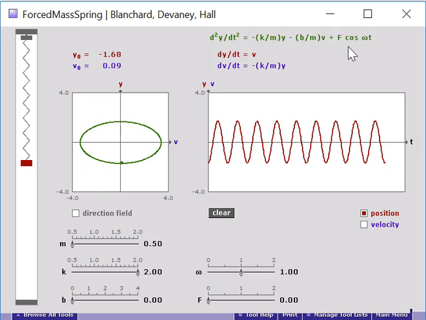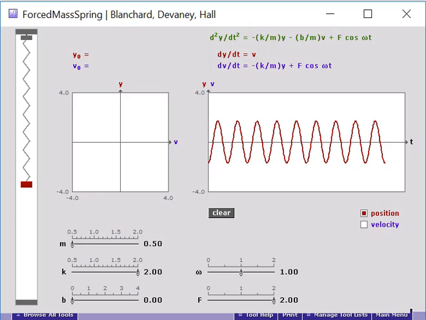Now, the forcing function in this case is F cosine omega t. So if I set F equal to 1, I guess 2, it doesn't really matter, the constant just gives us more force. But if we let omega equal 1, that means that the natural frequency, so in this case K is equal to 2 and M is a half, the natural frequency is 1 over pi.